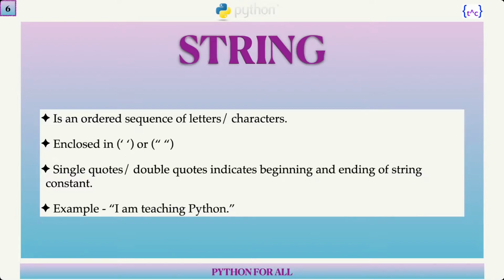And then for example, I have written here, let's say, I am teaching Python. If you notice, here is the beginning of the double quote and here the ending of the double quote, that means whatever is enclosed between the starting and ending double quote is complete.